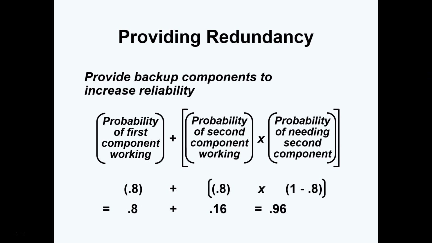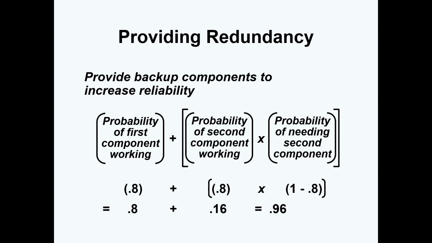When providing a backup for a component, basically we are adding the probability of the second component working multiplied by the probability of needing a second component. Adding that value to the original probability will increase the overall probability, in our case, to 0.96 or 96%.